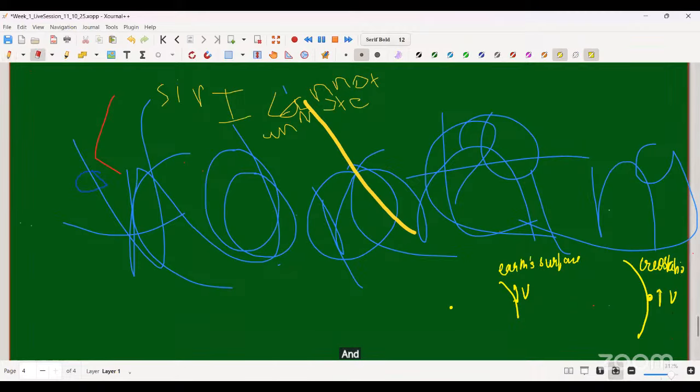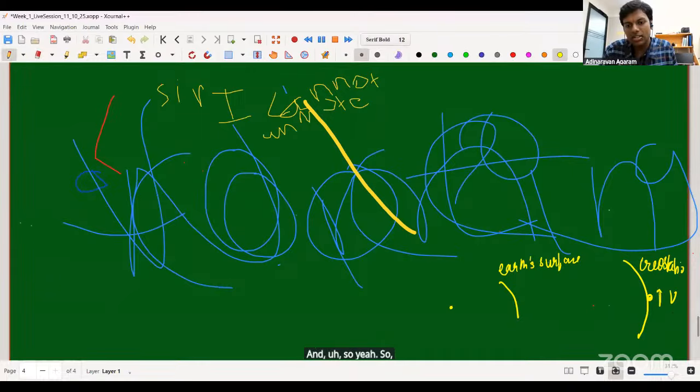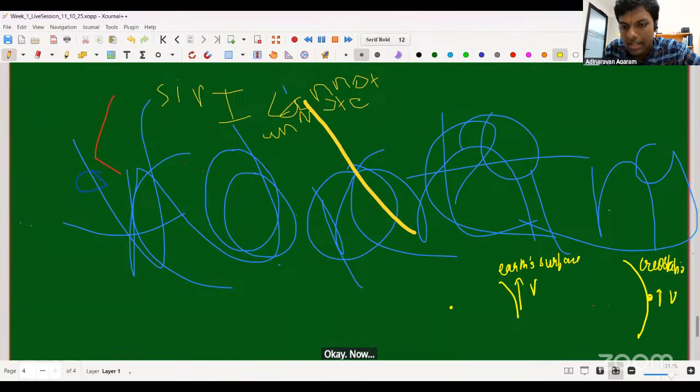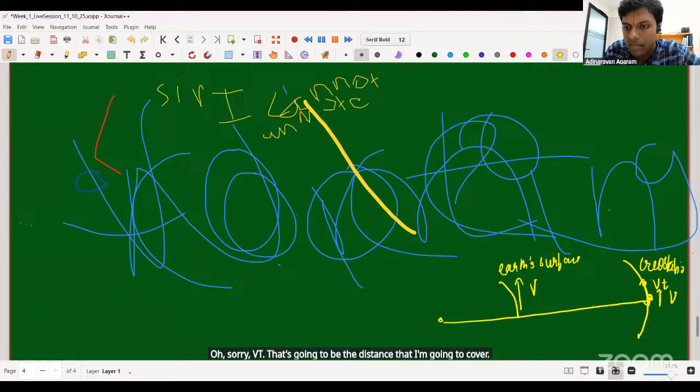So say this goes with the same speed V. Now, say in time t, I'm going to cover a distance Vt. That is going to be the distance that I'm going to cover. This will be Vt here.